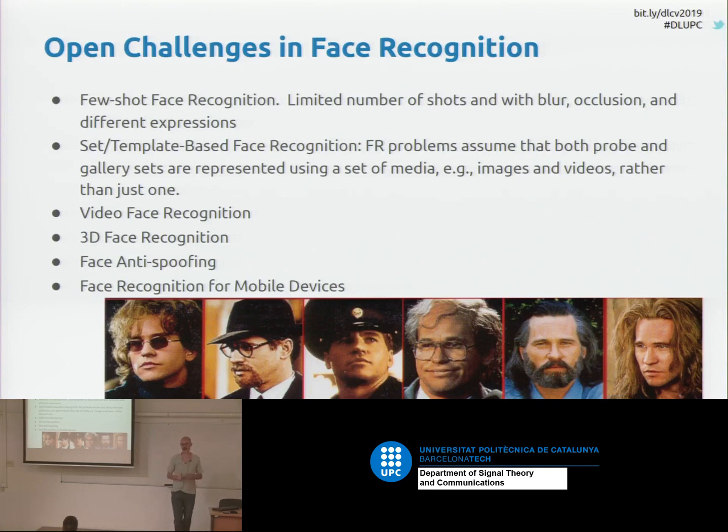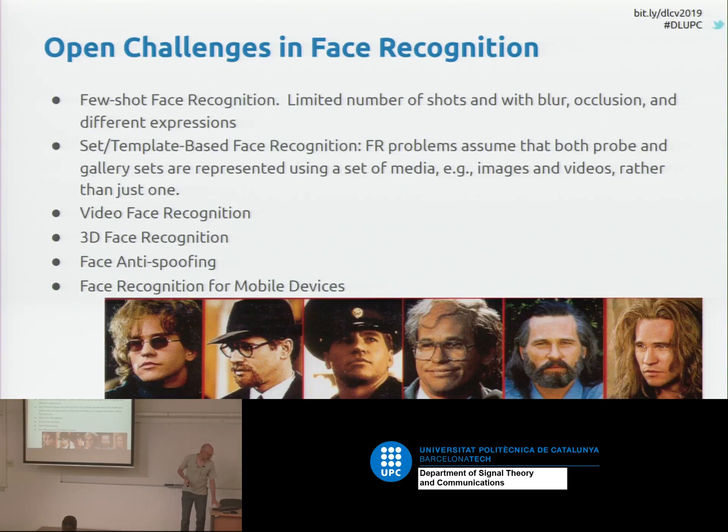You can put a picture in front of the system. To avoid that, we can rely on other systems like 3D face recognition. The problem is that for 3D face recognition there is not a huge data set with a lot of images. The number of images in 3D data sets is much smaller than for RGB images.